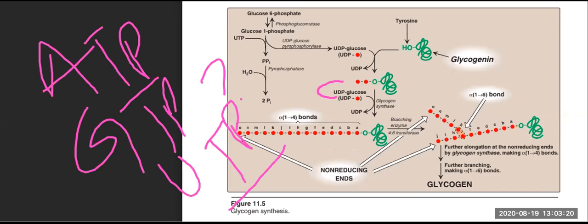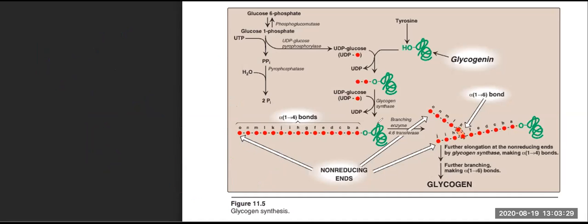So if ATP is an energy compound, GTP is an energy compound, UTP is also an energy compound. You get my point? So synthase is joining 2 molecules with the help of an energy compound. So now this UTP and this UDP, they all are energy compounds, and it's joining 2 molecules together.